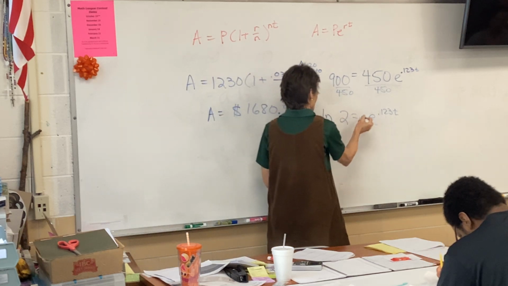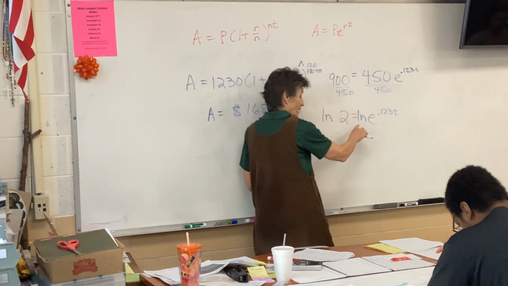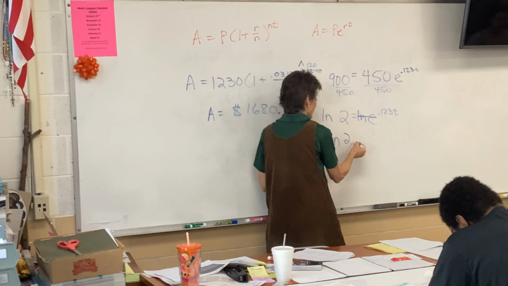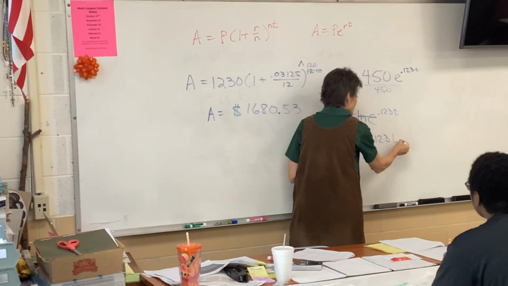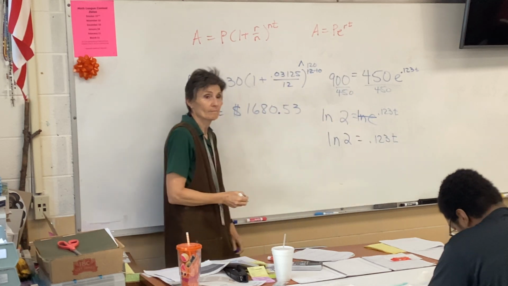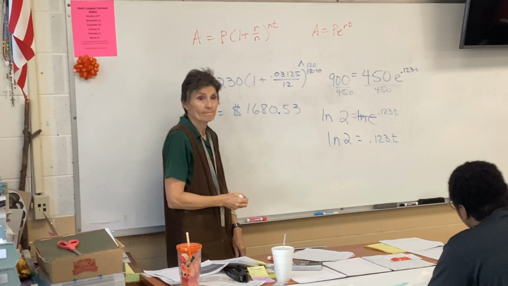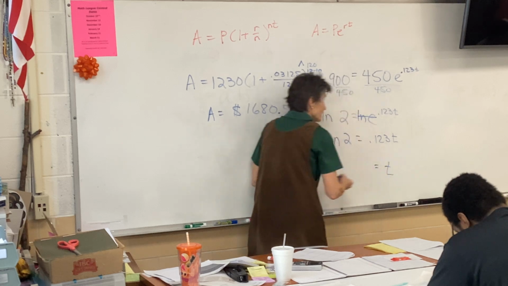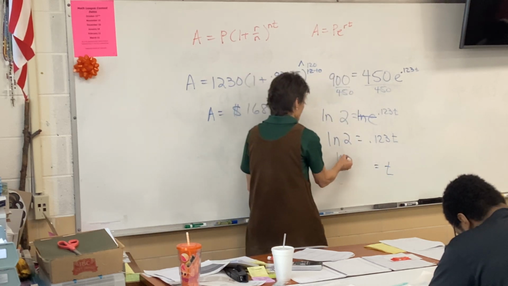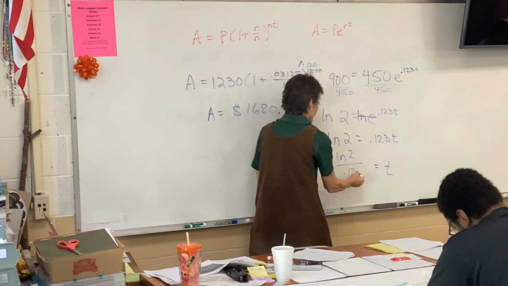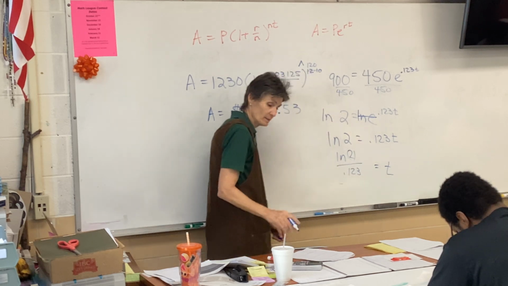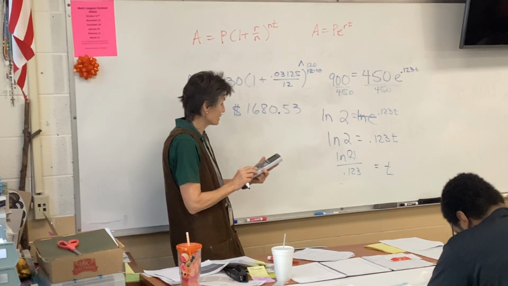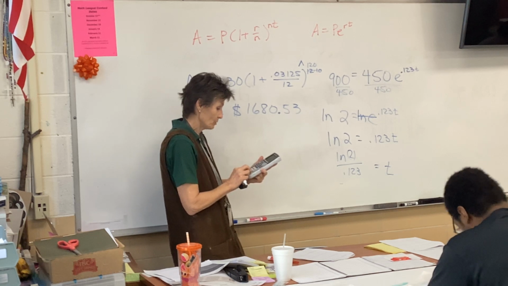What's going to happen over here when you ln? That's going to be gone, and you're going to have ln2 equals 0.123t. And all we need to do, remember we're looking for t, is ln2 divided by 0.123. Remember to close the parentheses around that 2. So ln2, close parentheses, divided by 0.123.